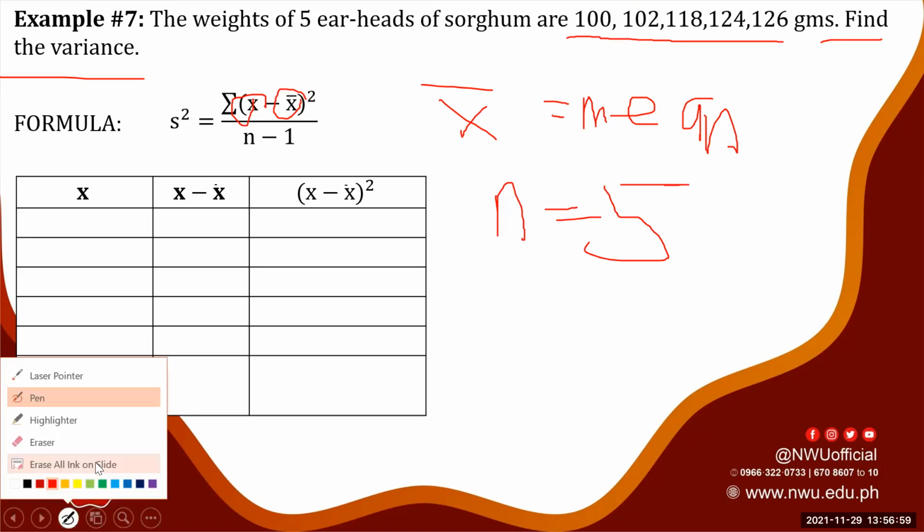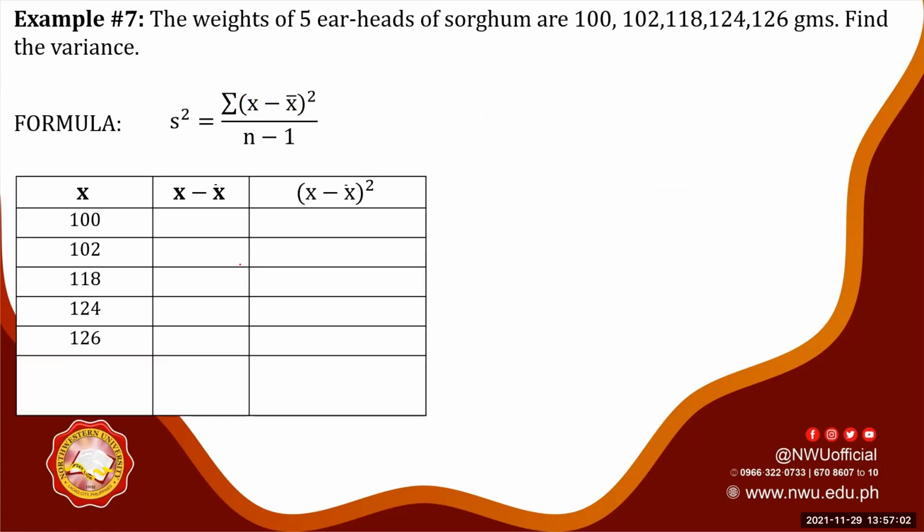Therefore, you will just list all your numbers here. And then, what you're going to do is get their summation. Parang kukunin mo lang yung number niya. So that's the total sum of the values of X. Now, ang una mo nang gagawin is you minus 100 with your mean.